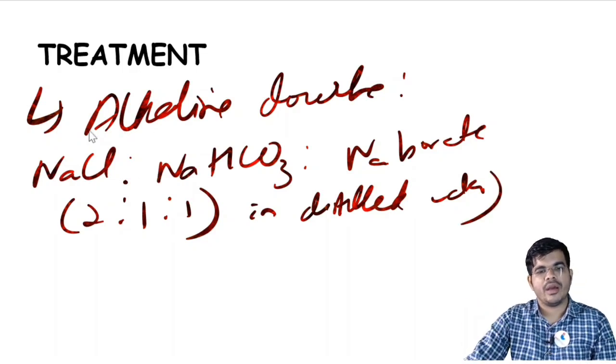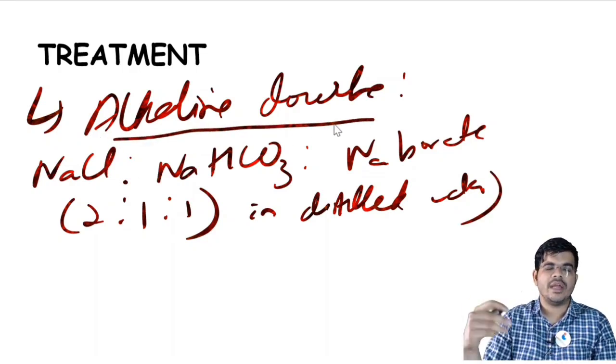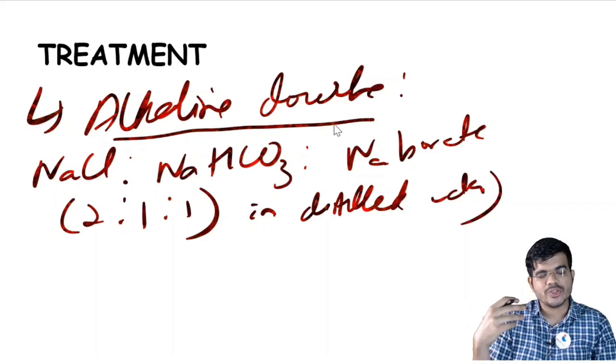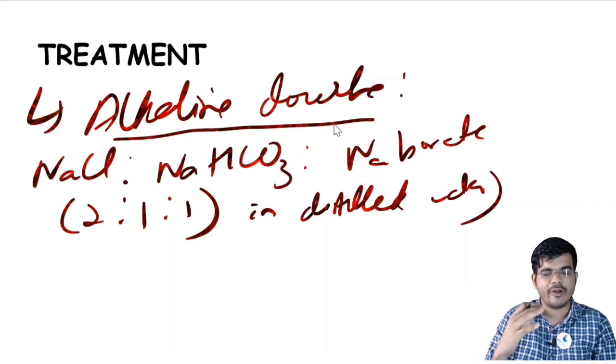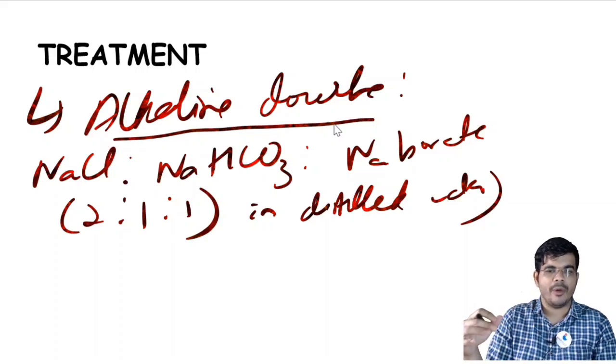Then you can make alkaline douche, and with that you will ask the patient to clean his nose. You will ask the patient to stand in front of the wash basin, and that solution is poured into his nose, and all the crust will come out. Okay, this is for removal of the nasal crust.